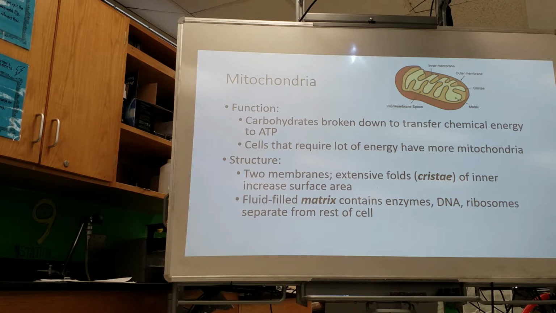It also has some of its own DNA, some of its own ribosomes, makes a few of its own proteins, and that in mitochondria as well as chloroplasts is evidence that they were probably endocytosed by some ancestral cell, never got digested, and just happened to hang around for the next several billion years.